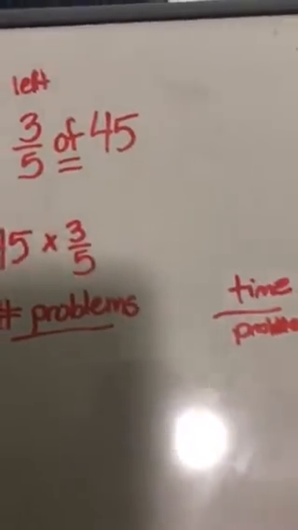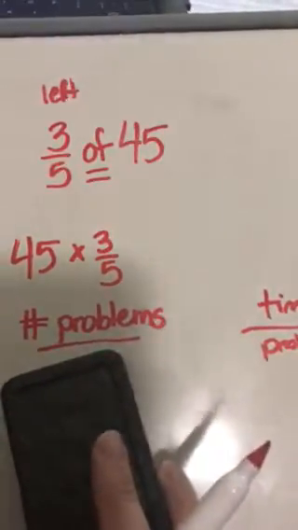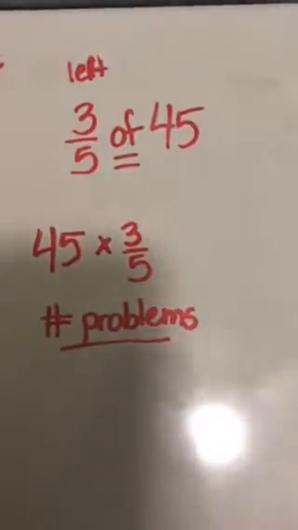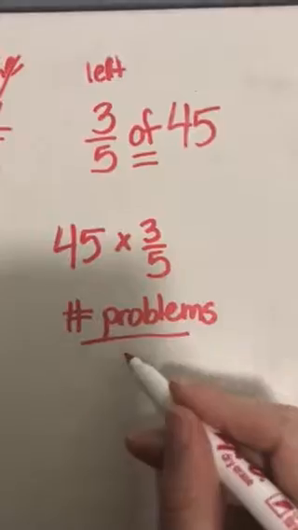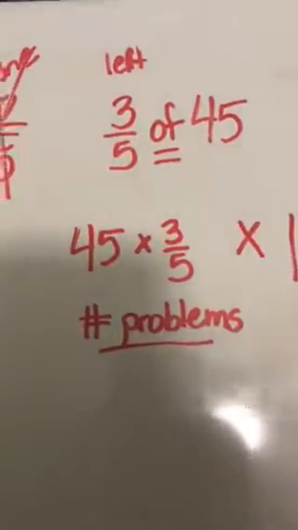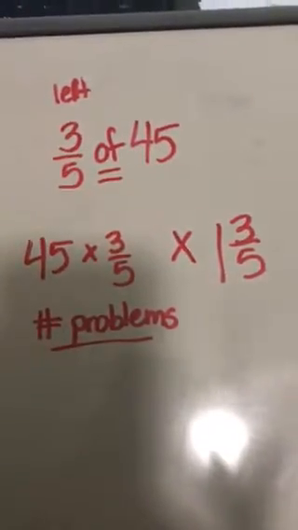And this has a lot to do with your units. So problems, and then each problem takes a certain amount of time. So the number of problems I have left times the amount of time each problem takes is how I would come up with my solution here.